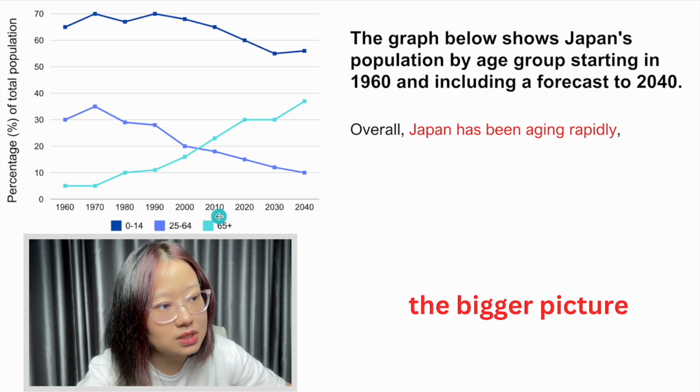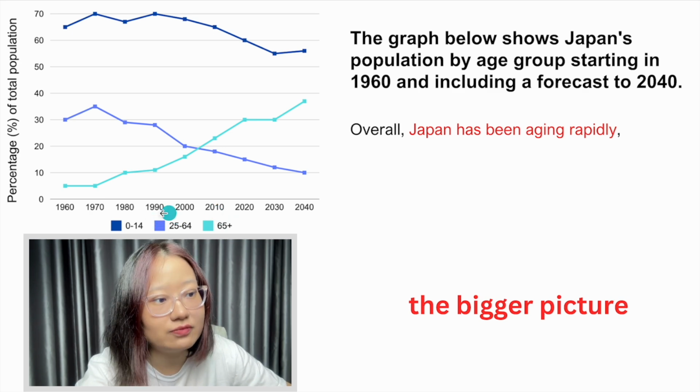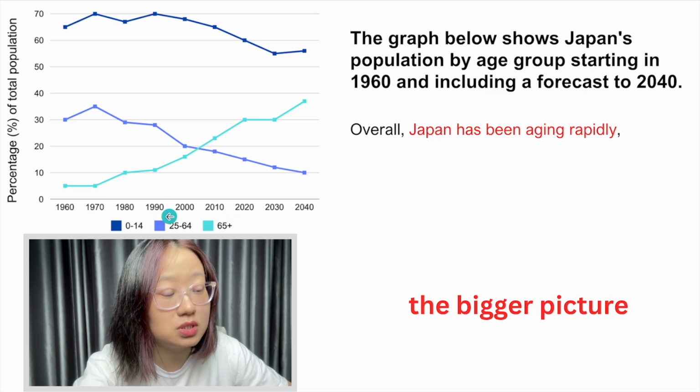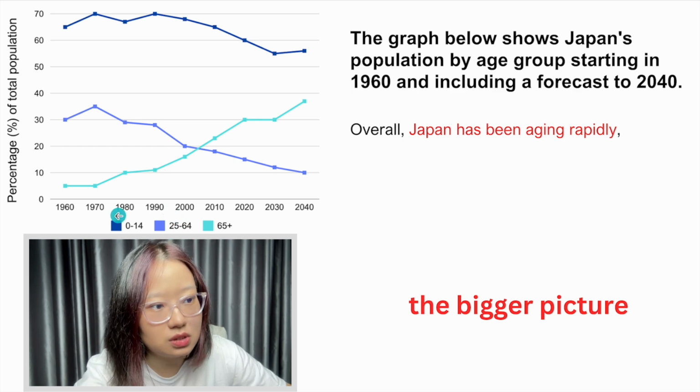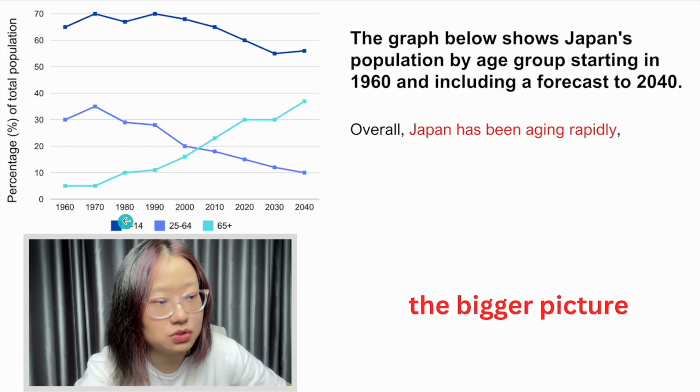For example, don't say the percentage of people in the oldest age group increases, the percentage in the 25 to 64 age group decreases, and the percentage in the 0 to 14 age group also decreases. If you state all these three age groups, your paragraph will be very wordy, right?